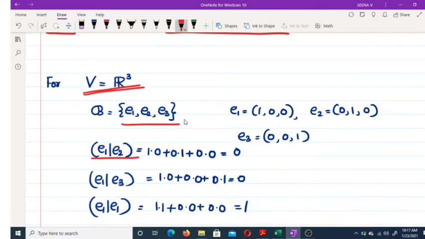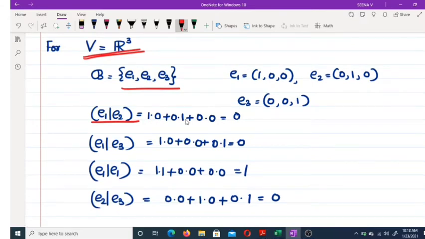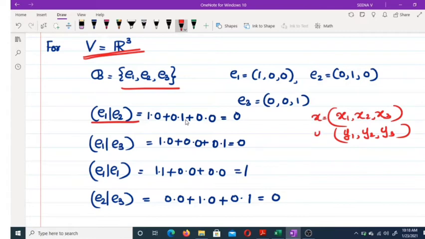The inner product of X equals (X1, X2, X3) and Y equals (Y1, Y2, Y3) is X1 Y1 plus X2 Y2 plus X3 Y3. This is the inner product.